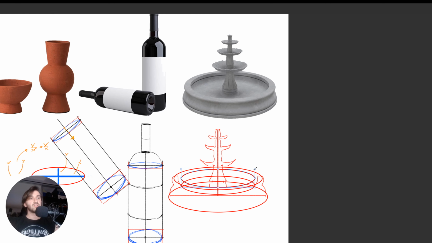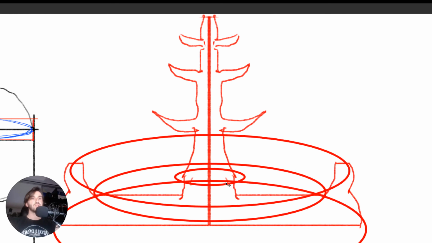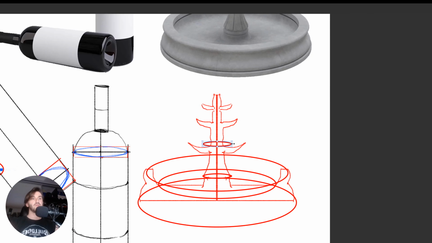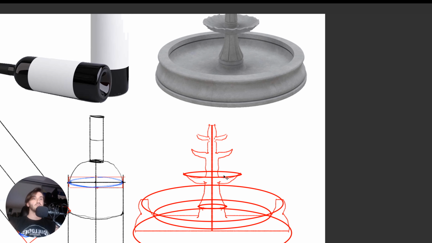But as you can see, drawing even a really complex object, because the fountain is a complex object, is not really that hard if you know how to approach it. Of course, my perspective in my drawing is a bit different from the reference, because I'm not really trying to copy the reference, but I hope you get the basic idea on how this thing really works.